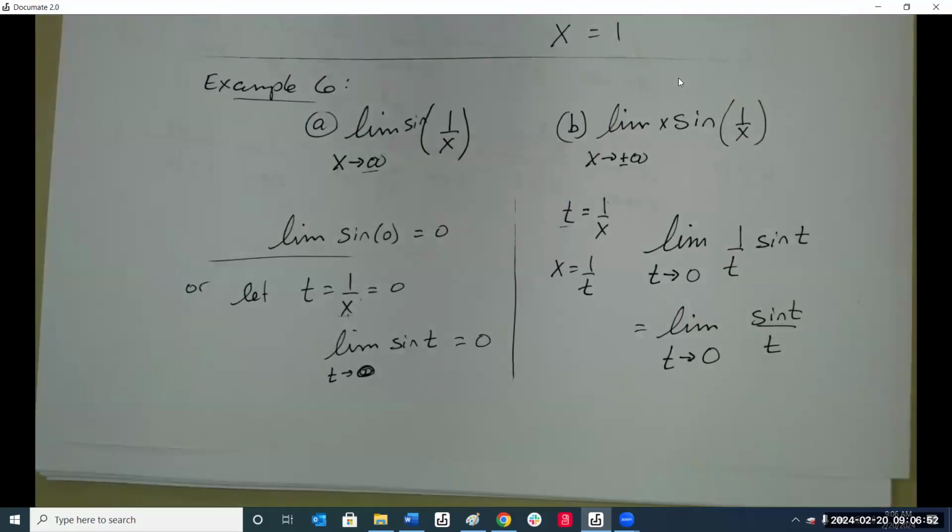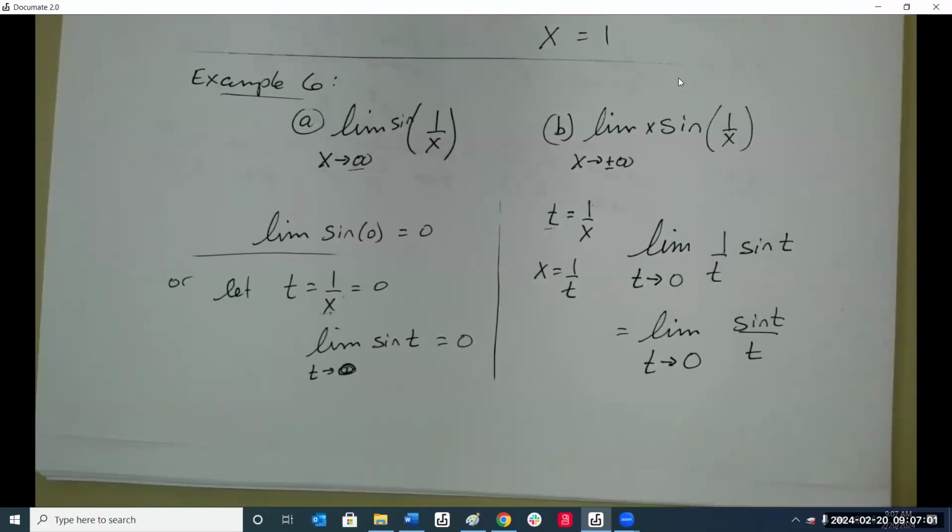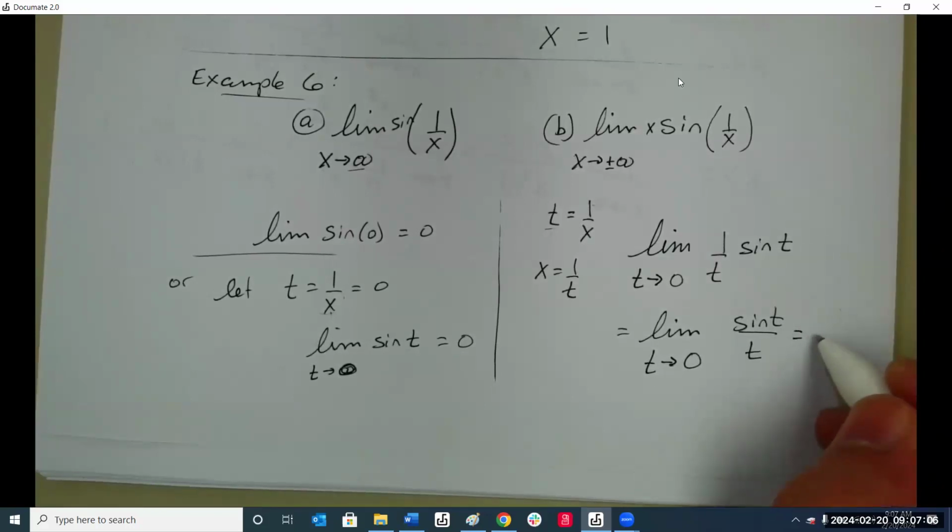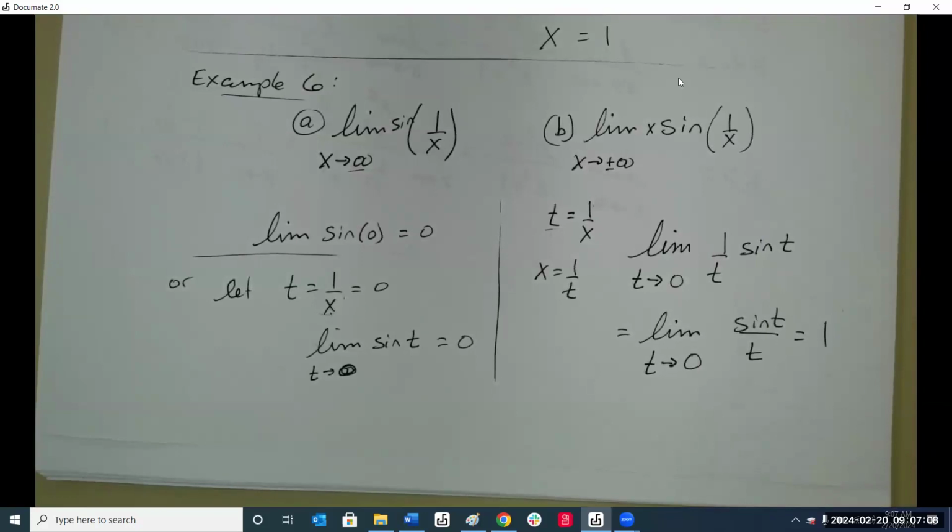So what's our limit? Why? By which theorem? The sandwich theorem, or the squeeze theorem. Yeah, I told you earlier, the one we learned a couple weeks back: sine x over x as x goes to 0 is always going to be 1. It's going to save us a lot of time and effort.